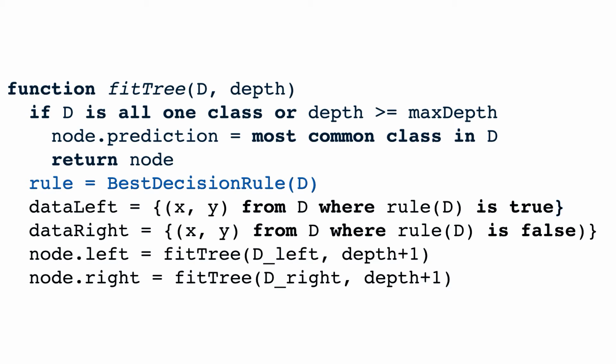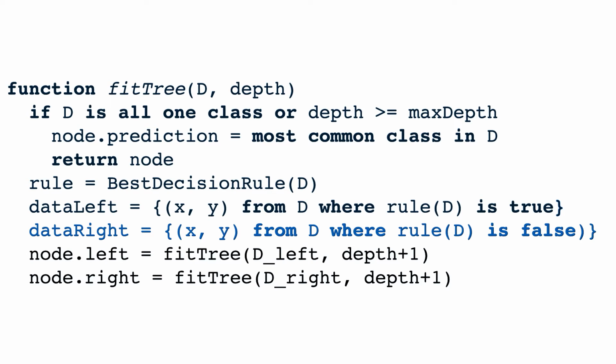We're just saying that some oracle is going to give us the best decision rule. And then once we have the decision rule, we're going to split the data by the rule. So we're going to form a left data set that contains all of the examples inside D that satisfy the rule that we've found from the best decision rule. And then the right subset is going to be all the data points inside D that don't satisfy the rule.